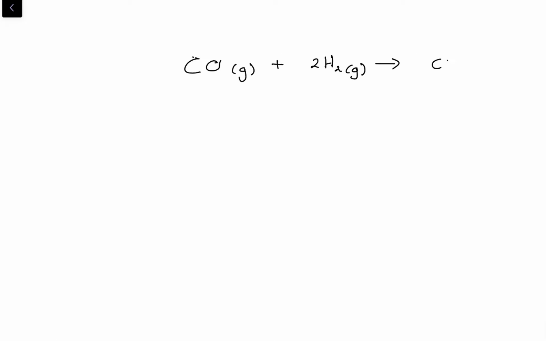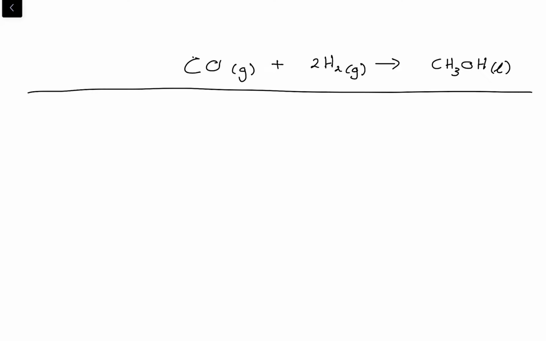Typically how you do that is you write the chemical equation here: CO gas plus 2 hydrogen gas gives CH3OH, which is a liquid.